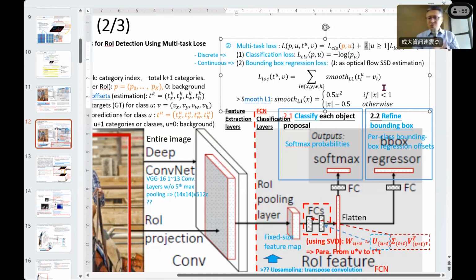Some papers won't tell you what the lambda value is. So you need to test, but it's not easy to test.